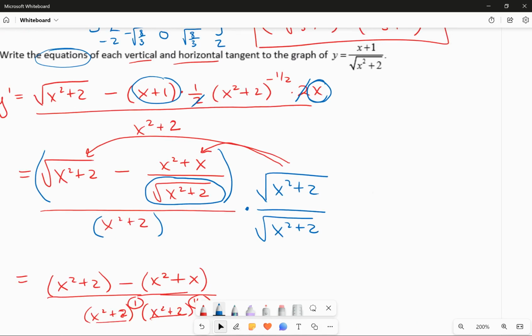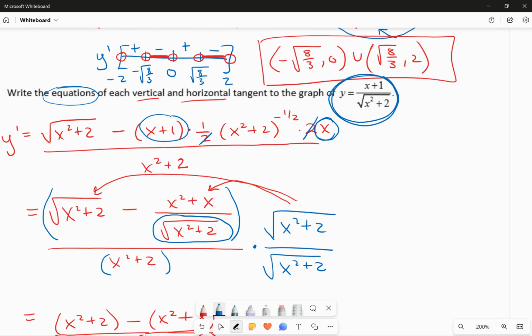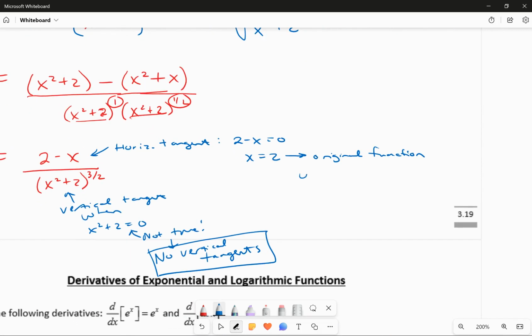That original function was all the way up here, and I'm going to plug in 2 into that original function. So we would get a y value of 2 plus 1 over the square root of 2 squared, which is 4, plus 2, giving us a value of 3 over the square root of 6. So our answer is just y equals 3 over the square root of 6, because you have a slope of 0, so you just have y equals that number.